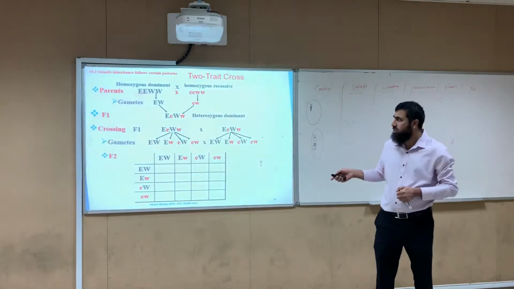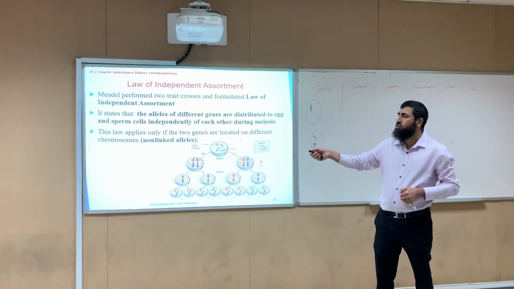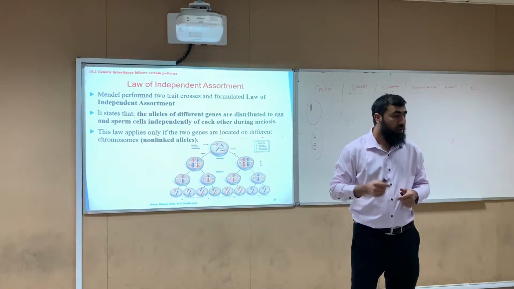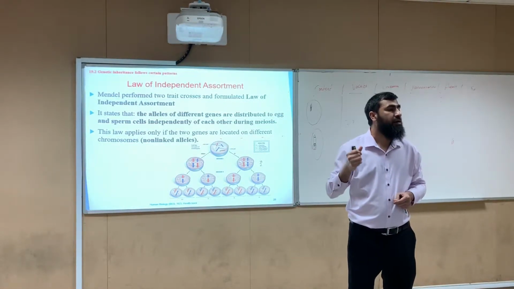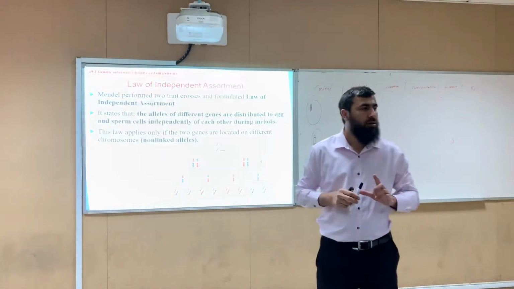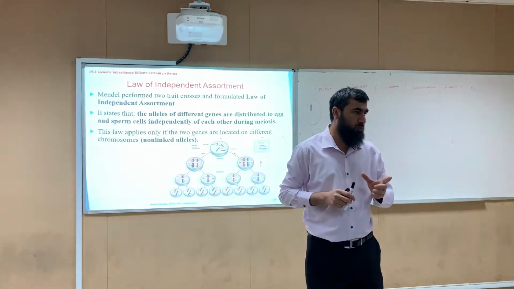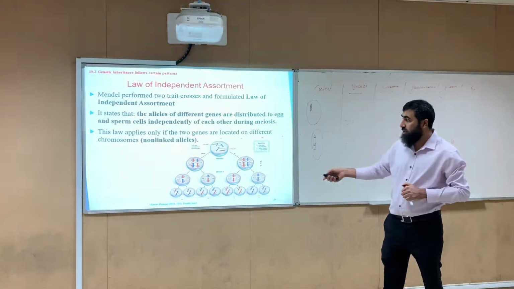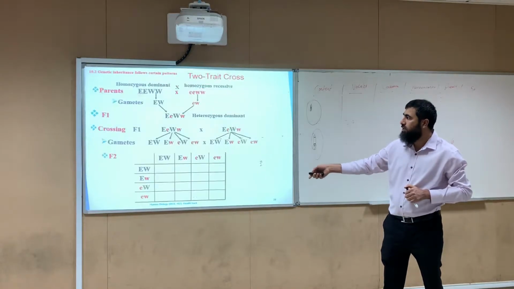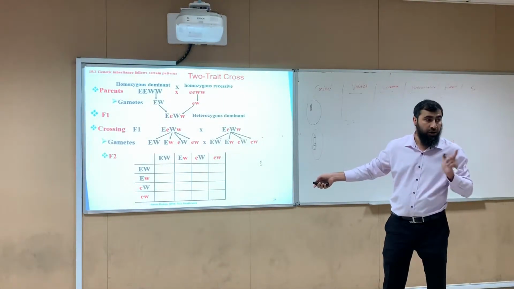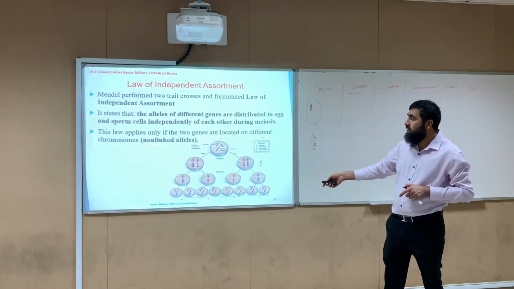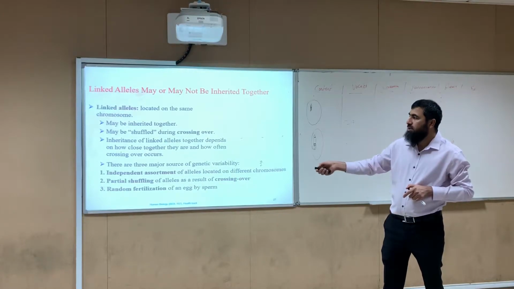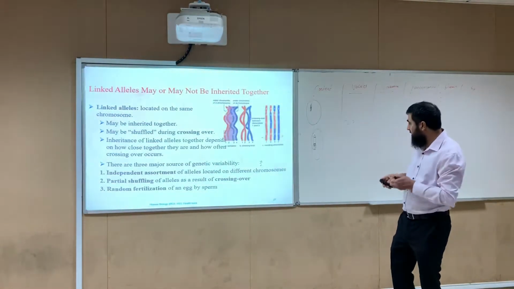So this law of independent assortment is established based on the dihybrid cross that Mendel did, and the traits are located on different chromosomes. That means the traits that the law of independent assortment applies to are non-linked, okay? For linked ones, they may be inherited together if they're close enough.